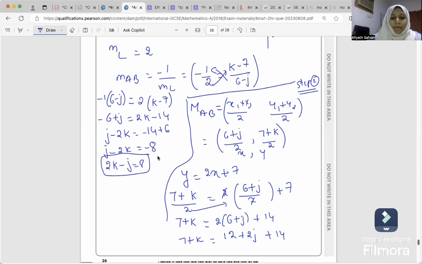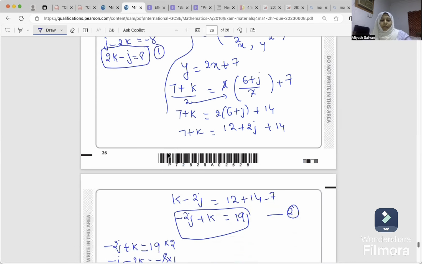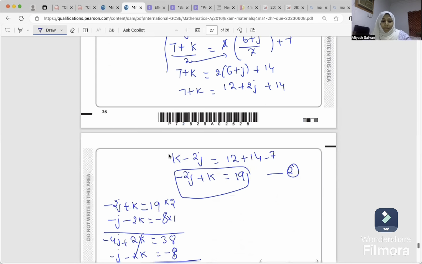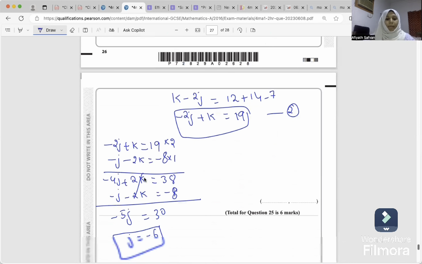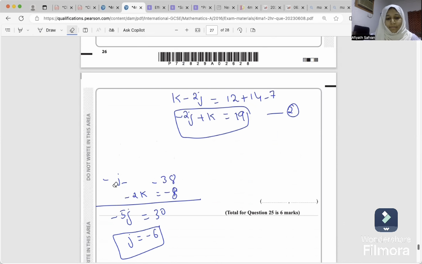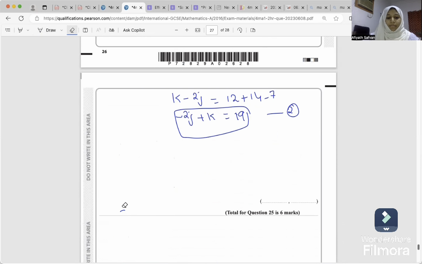So I will keep my equation number 1 here, and I will rewrite this neatly. So I have my two equations here.